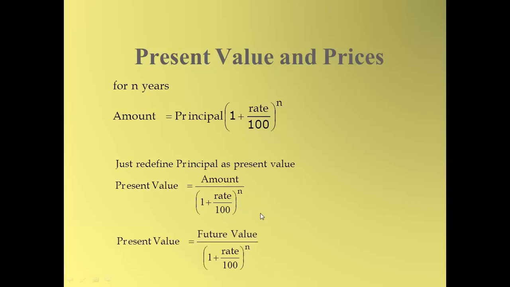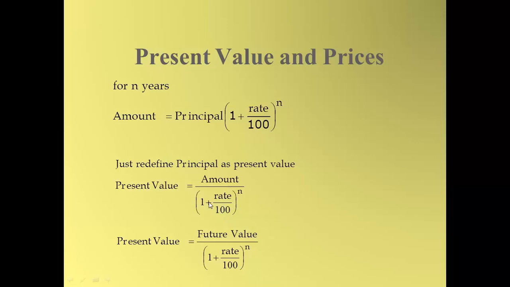Notice we are using the word rate and rate by 100 interchangeably. If we just say the word rate, then it's a decimal number. If we say rate by 100, then the rate is an actual number. For example, if I say rate is 5, then it means it's 5% or 0.05. These three are used interchangeably. If I say rate is 5, then I have to divide it by 100 to convert it to a decimal.